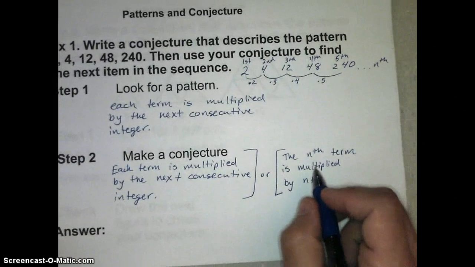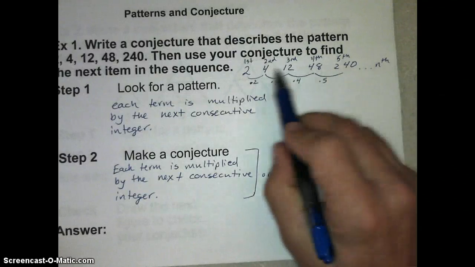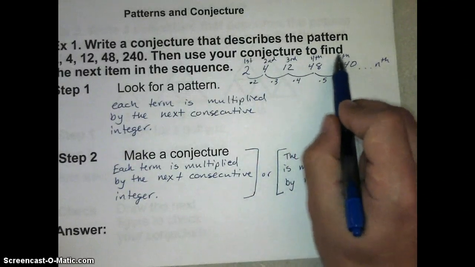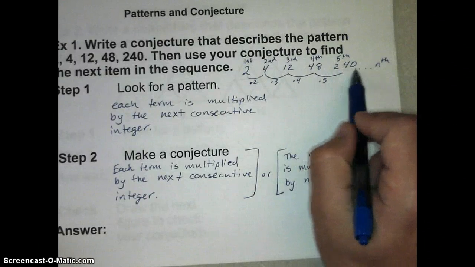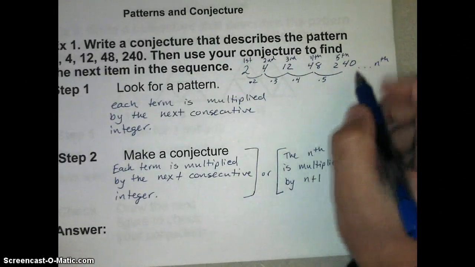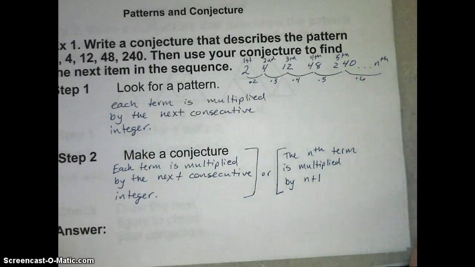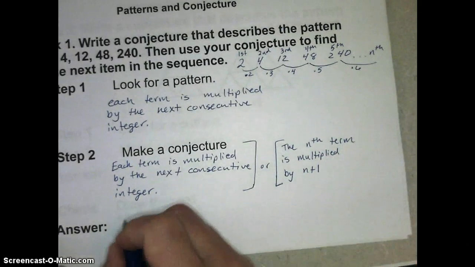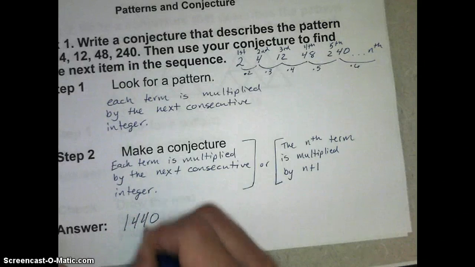So we could say that our conjecture is that the nth term is multiplied by n plus 1, where you take the number of the term's place in the sequence and add 1 to it, not the term itself, but the number of the term, like the fifth term. I'm going to multiply 240 by 6, and my answer then is 1,440.